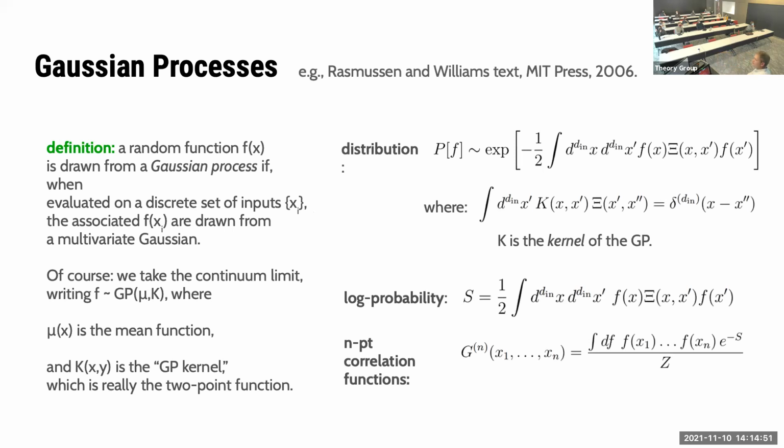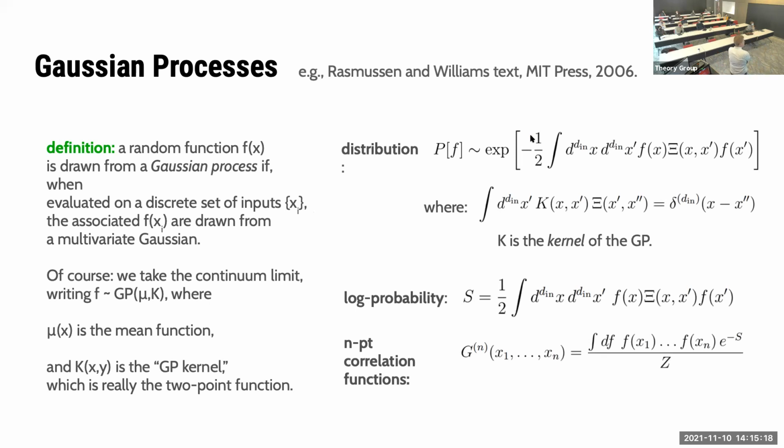A random function f is said to be drawn from a Gaussian process if, when it's evaluated on a discrete set of inputs xi, the associated f of xi are drawn from a multivariate Gaussian. When we take the continuum limit of that definition, we say that f is drawn from a Gaussian process, a normal distribution with mean function mu and 2-point function k, which is called the kernel of the Gaussian process.